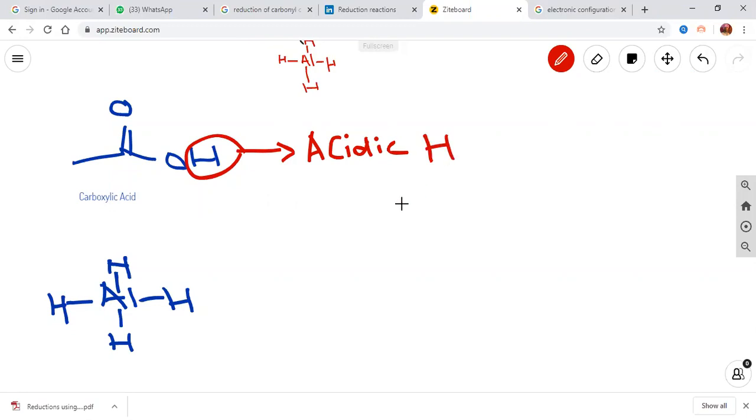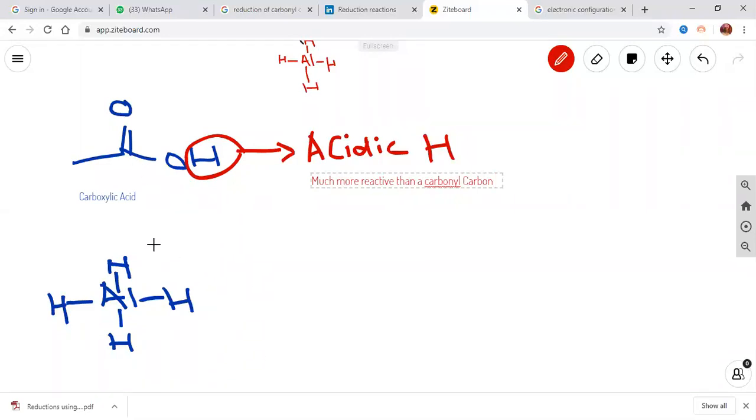This acidic hydrogen is much more reactive than a carbonyl carbon.